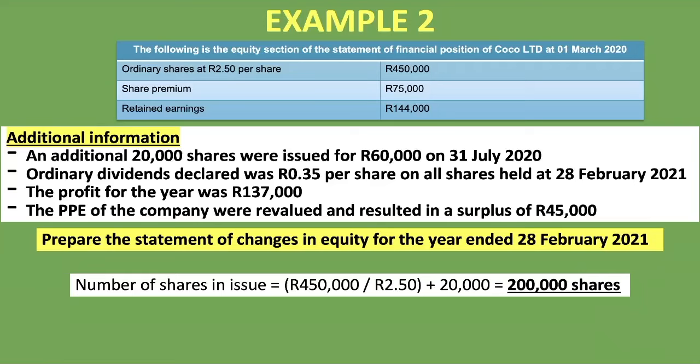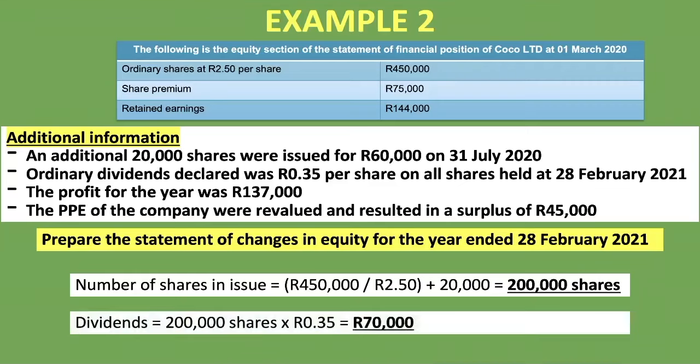I hope it's making sense. We calculated how many shares we had at the beginning of the period, and we add the 20,000 shares we issued during the period. And now that we know how many shares we have in issue at the end of the period, we take the 200,000 shares and we multiply that by 35 cents to get how much dividends we declared.